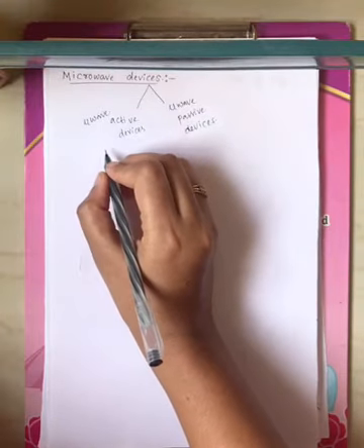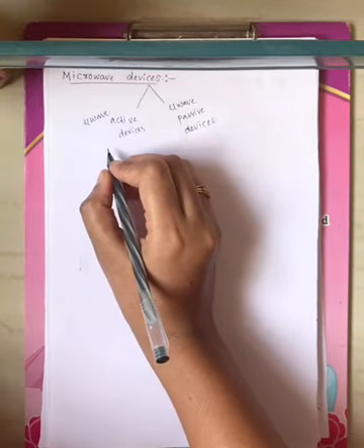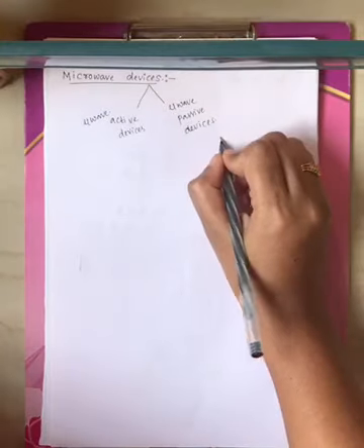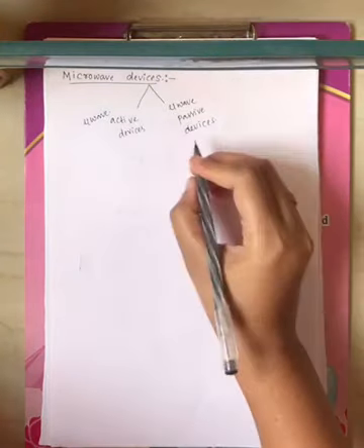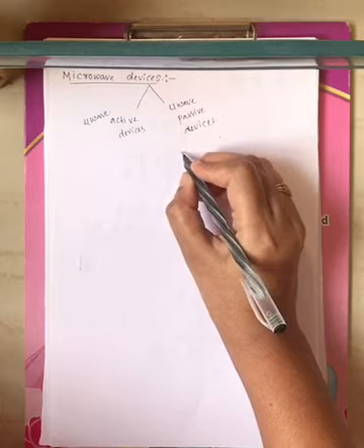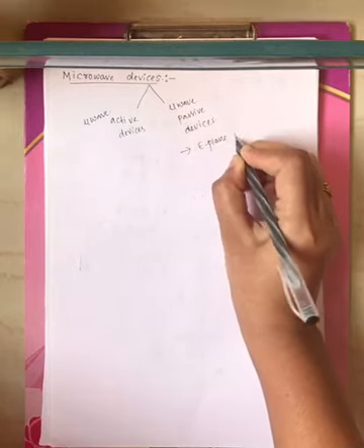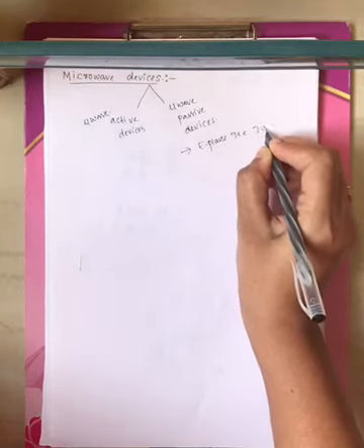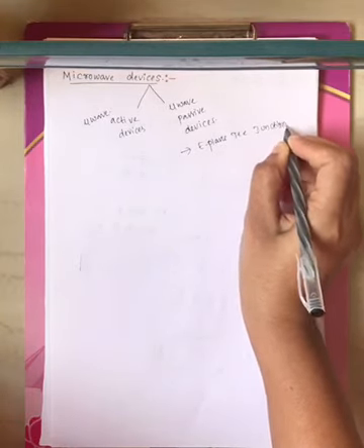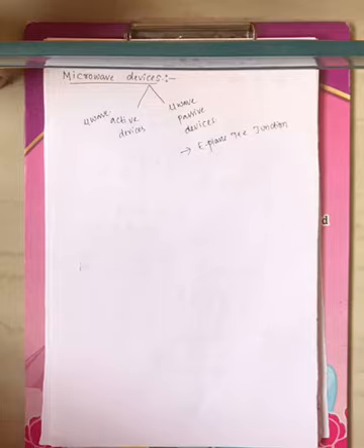Now let us see what the different types of microwave active devices and microwave passive devices are, right? Now coming to microwave passive devices, you have different types like the E-plane T junction. We call it the E-plane T junction, and it exhibits a property of power division and power combination, right?